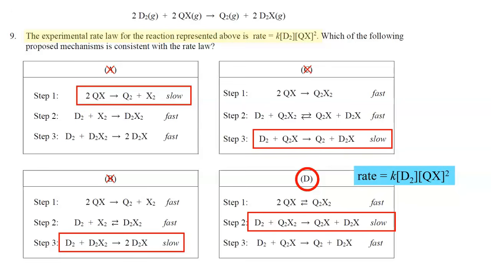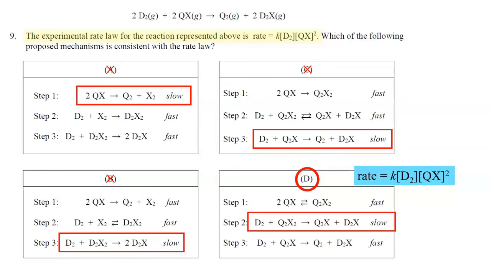Now if you're watching this video, you might be thinking, well, what about looking at the mechanisms for choices B and C? Well, it's very rare in AP chemistry that the third step in the mechanism would be the slow step. It's a very complicated procedure for trying to write a rate law when step 3 is the slow step.